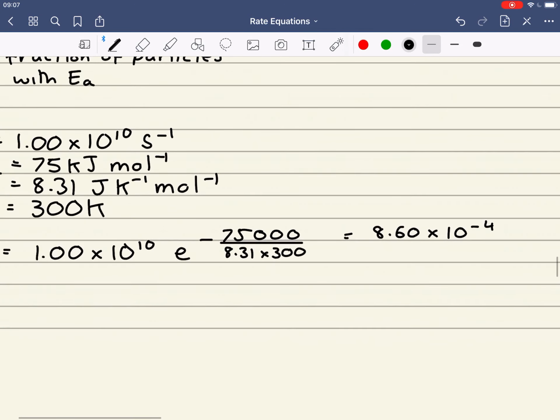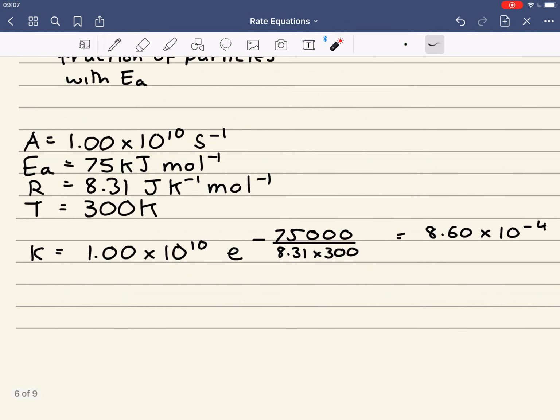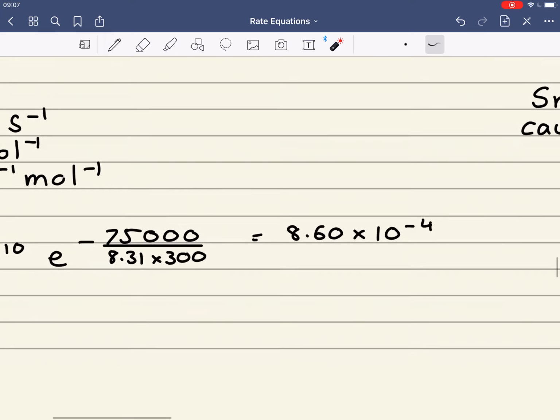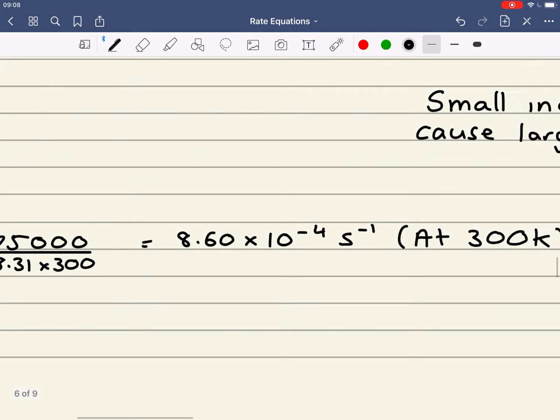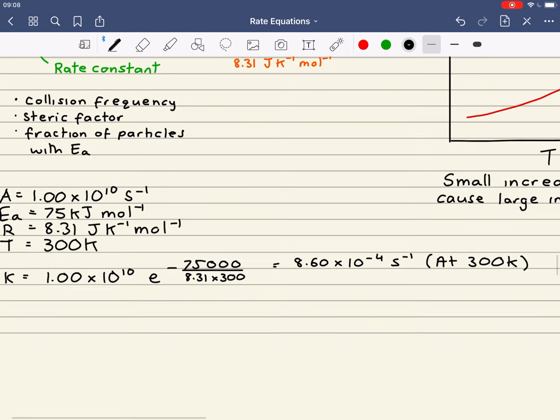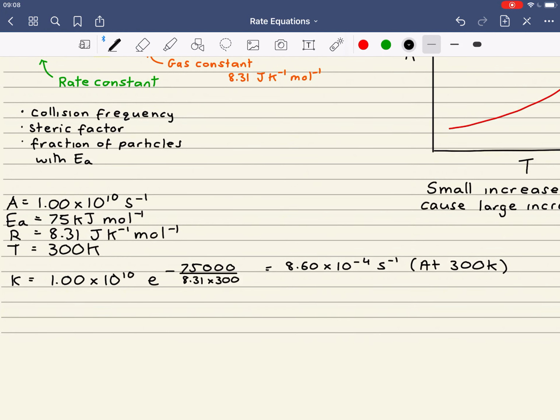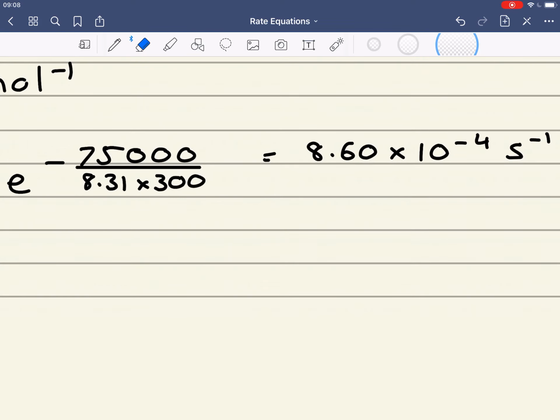Again, the units for K are the same as the units here for A, so my units there are seconds to the minus 1. That's at 300 Kelvin. If I was going to change the temperature, let's increase this by 10 degrees, a very small increase in T. I'm now going to change this to 310.